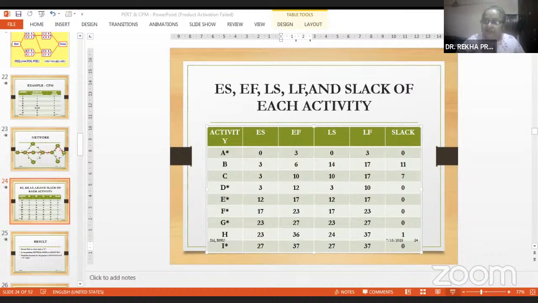You start from finish. Here you started from start. Now you are going from right to left. Okay, so 37. I is the last activity.